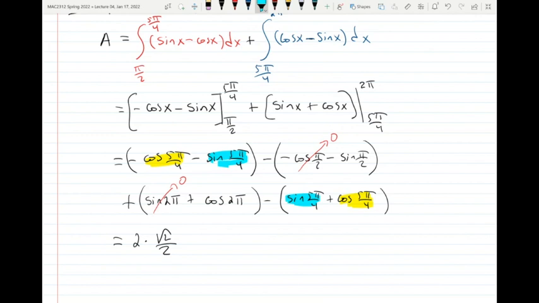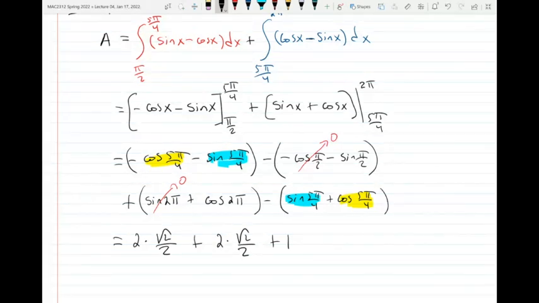So it will also be negative square root of 2 over 2, but then times 2, and the minus makes it positive. So plus 2 times square root of 2 over 2. And then in this parenthesis, we have a negative 1: sine of pi over 2 is 1, negative, but with the minus in front becomes plus 1.